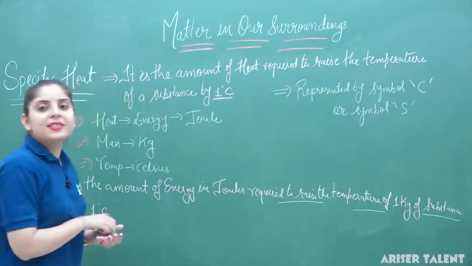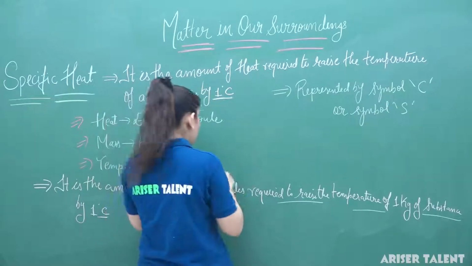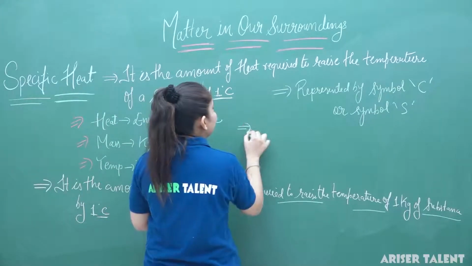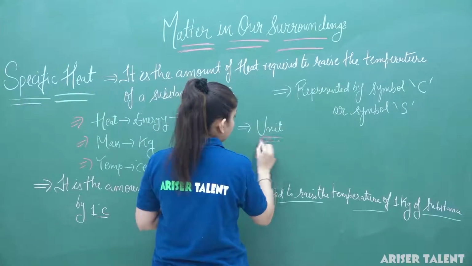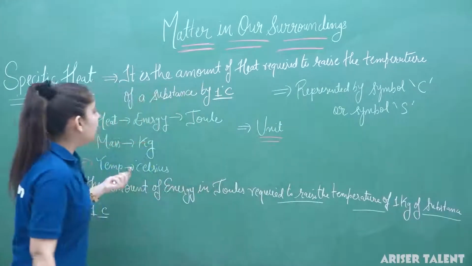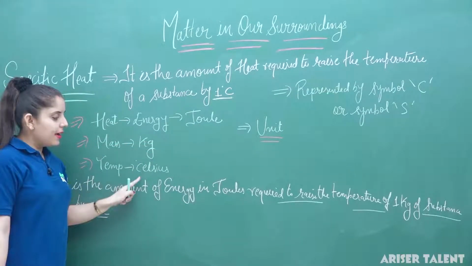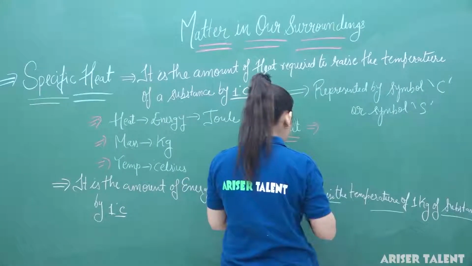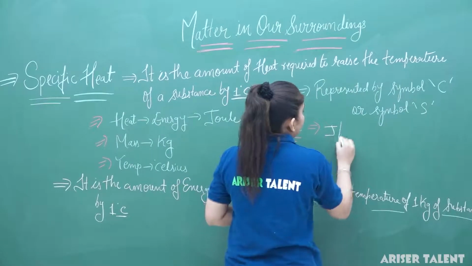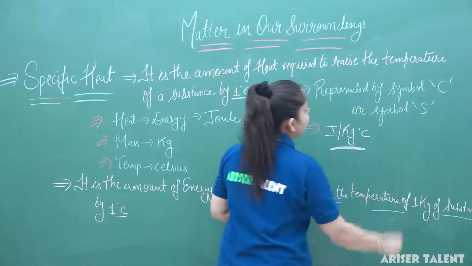Now, specific heat of a substance की unit क्या होगी? So, the unit of specific heat will be, now you can conclude the unit from here. It is joule, it is kg and it is Celsius. So, the unit of specific heat of a substance will be joule per kg degree Celsius.